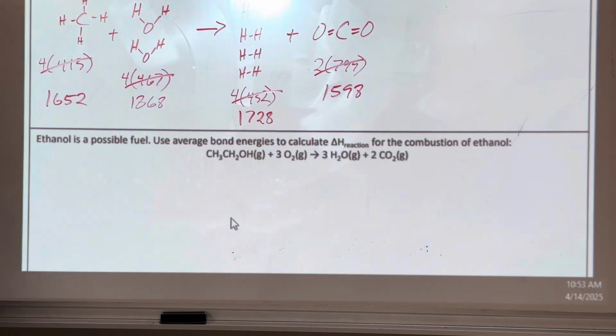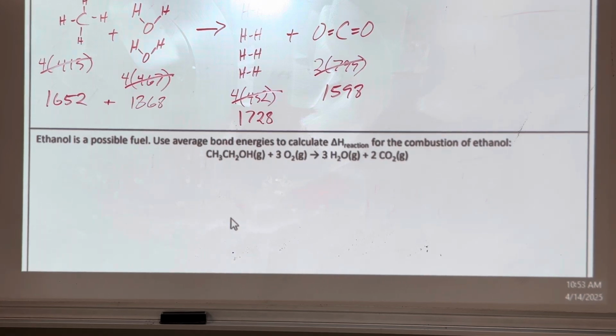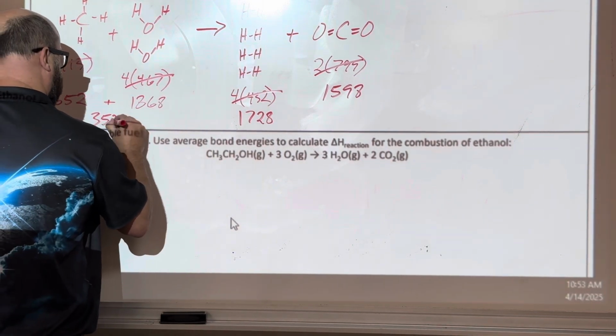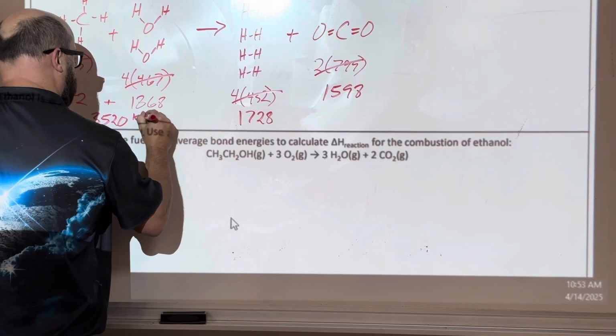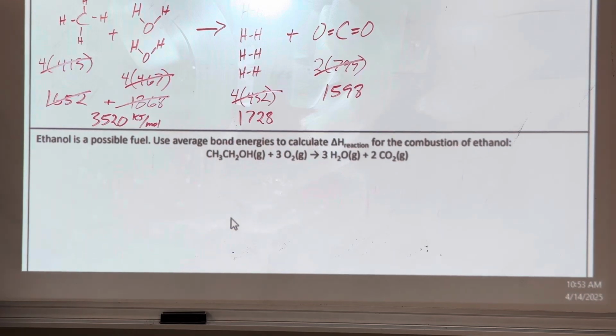All right, let's see if I got that right. Yeah. So we're going to add these two together. 1652 plus 1868, 3520 kilojoules per mole for our reactants.